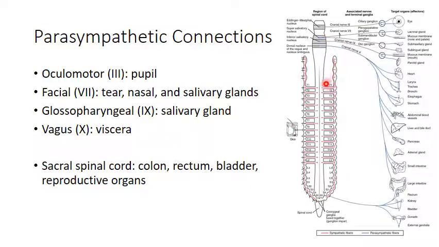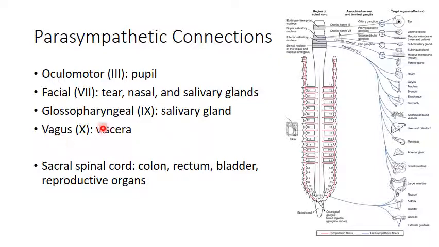This time, instead of coming out of our thoracic and lumbar regions, we're coming out of the brainstem or the sacral regions. Those are our points of origin. In the brainstem, we come out cranial nerves 3, 7, 9, and 10.